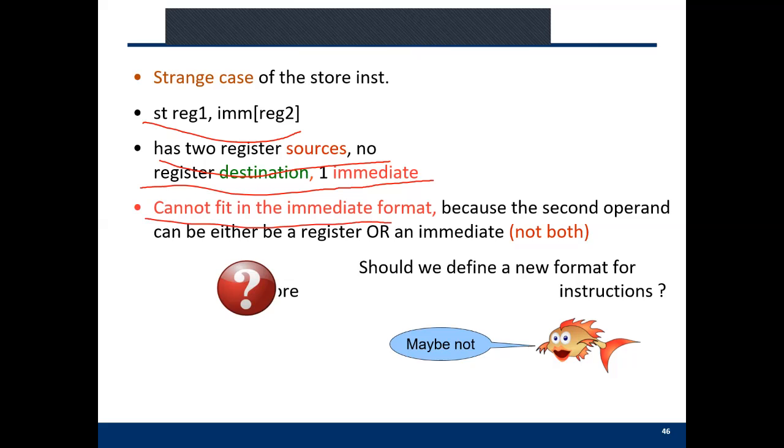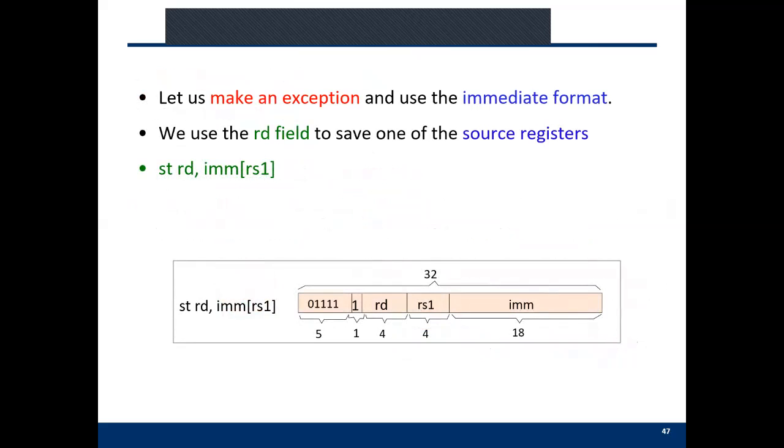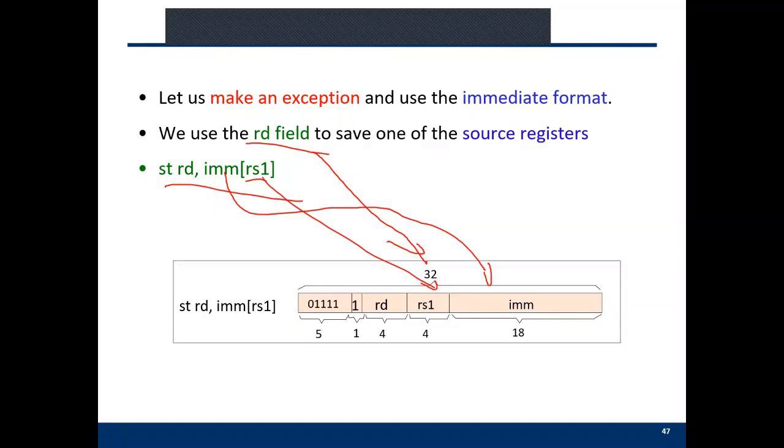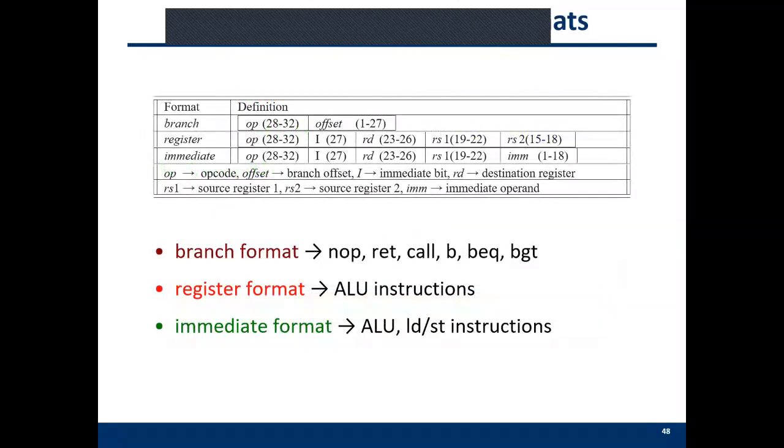Should we define a new format for the instructions? We don't need to do that. So we can make an exception and use the immediate format to do the encoding. We can use the RD field to save one of the source registers, like this. So this RS can be encoded here, and this immediate can be encoded here.